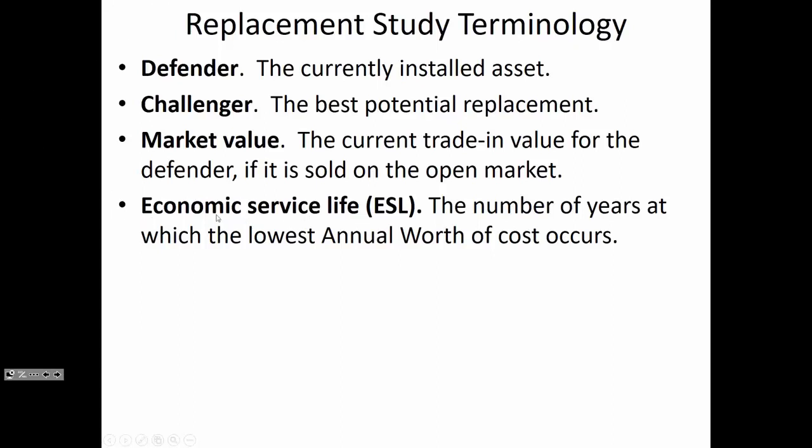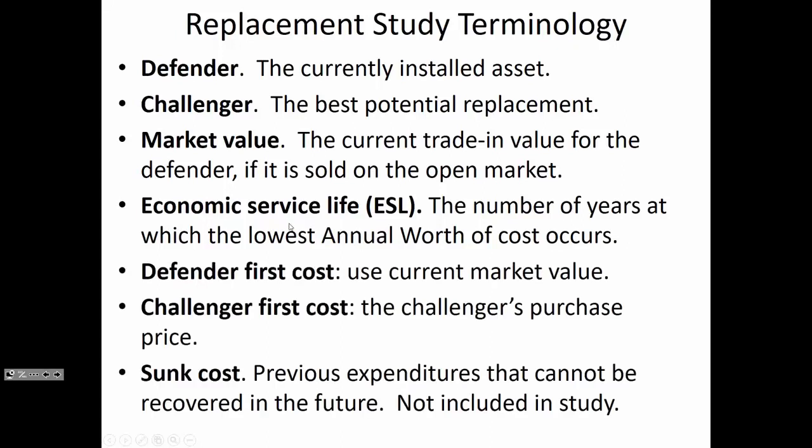Now we've just talked about economic service life, or ESL. It is the amount of time that corresponds to the lowest annual worth of costs. And the defender, when you are analyzing the item that you already own against something else, there is a cost of keeping the current item.